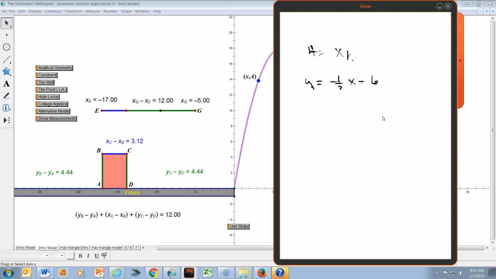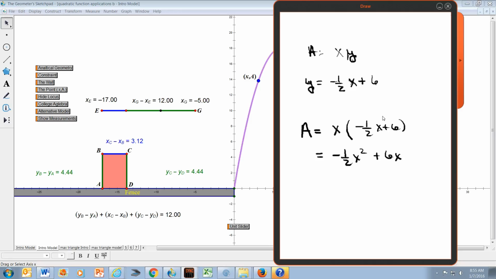So now, if we look at rewriting our area function, it is going to be x times y, which is x times minus 1/2 x plus 6. Let's distribute through. I get minus 1/2 x squared plus 6x.